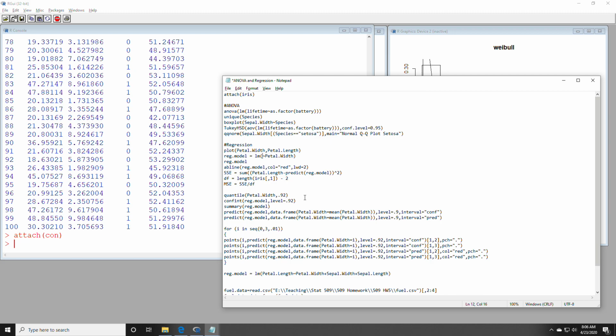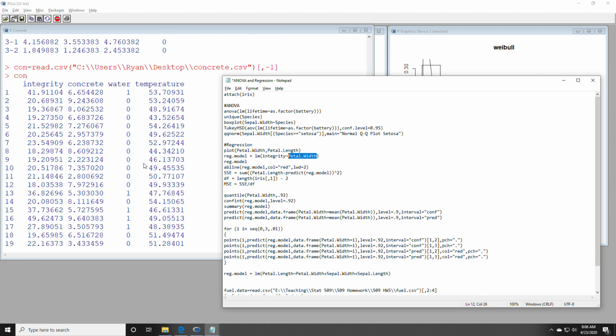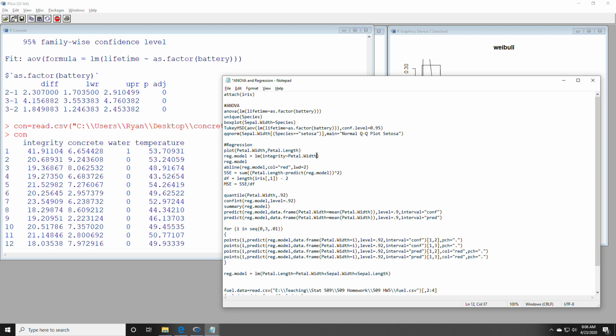But what I will do is linear model y, which is integrity, against concrete. So x1 is concrete, plus x2 is water, plus x3 is temperature. Okay?